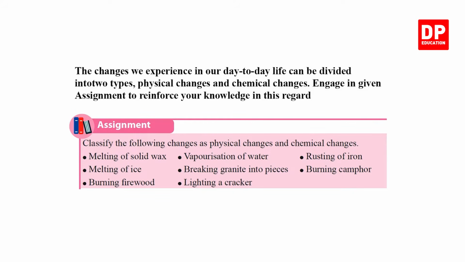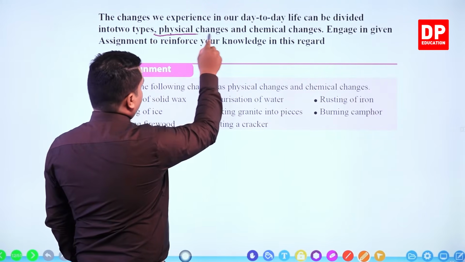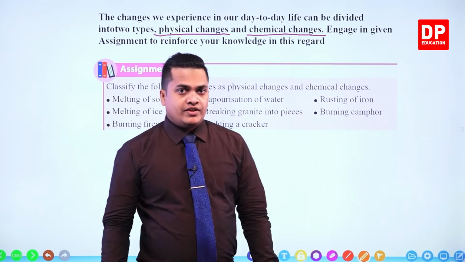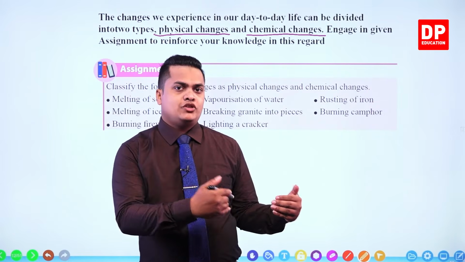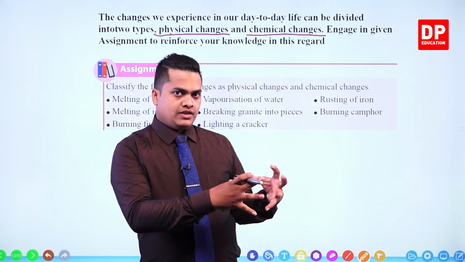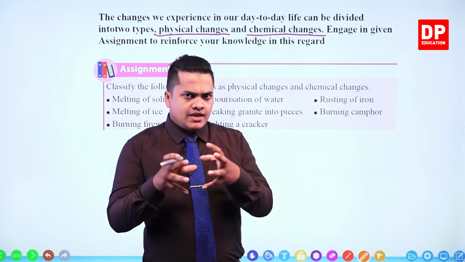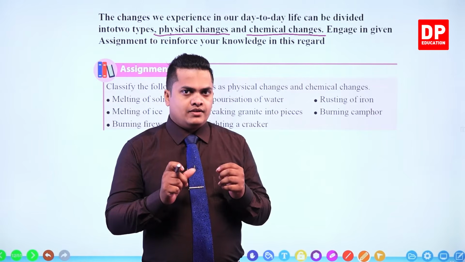Right. So here, the changes we experience in our day-to-day life can be divided into 2 types: physical changes and chemical changes. So we conducted 2 different experiments and we discussed the nature of physical changes and the nature of chemical changes. What kind of thing happens in a physical change, and what kind of change happens in a chemical change, right?